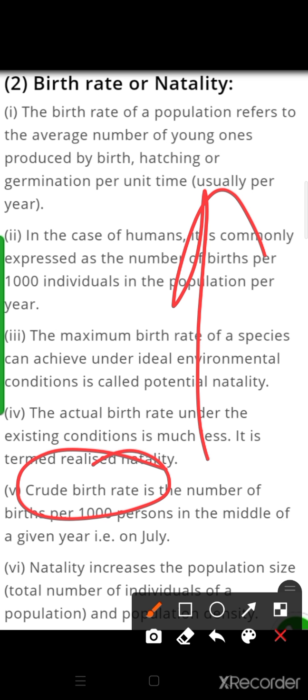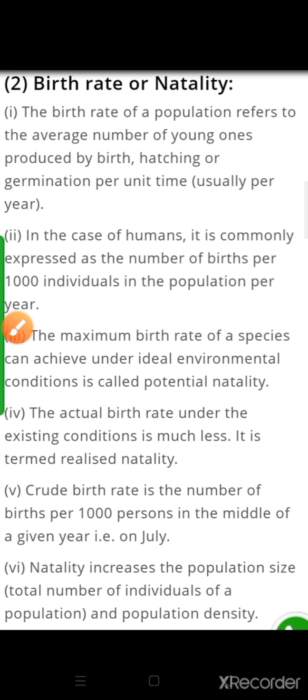If the death rate is more and the birth rate is less, the population size will decrease. So that is birth rate, or natality.